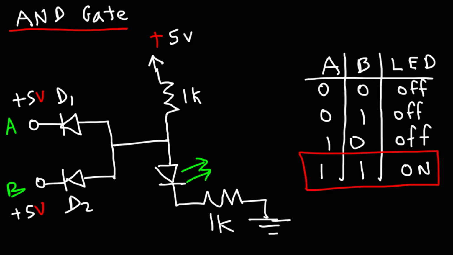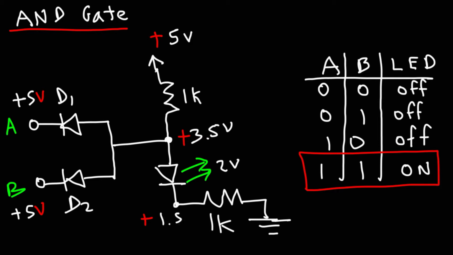Now let's calculate the potentials. The voltage drop across the LED is 2 volts, and then we have 2 resistors. So we have 3 volts remaining. The voltage drop across the 2 resistors, because they're the same value, will be 1.5 each. So at this point, the potential will be positive 3.5 volts, and here, the potential will be at 1.5 volts.